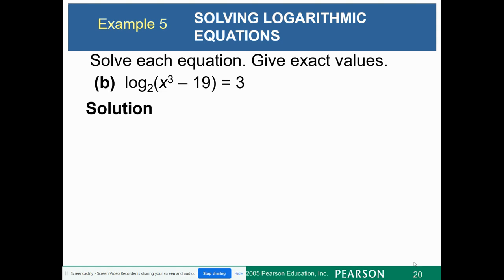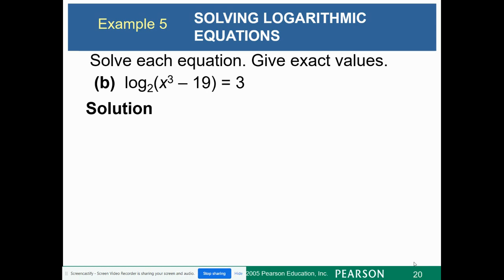Here's another example. The log base 2 of x to the third power minus 19 equals 3. Now here I do have a single logarithm and a single non-logarithm on the opposite side. So like the previous example, I'm going to use the definition of logarithms.